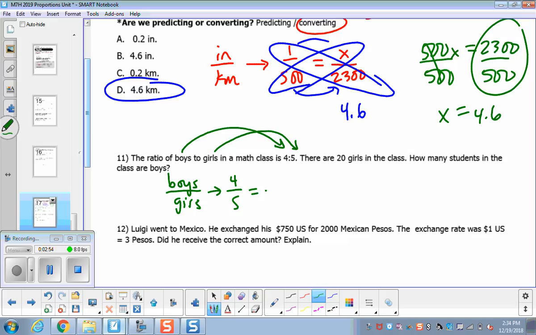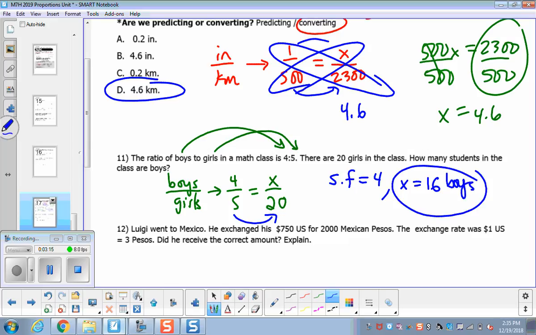Now we also know that there are 20 girls in the class. So we want to know how many boys there are. I think this one's going to be very easy to spot. The scale factor is 4. So if the scale factor is 4, we're going to have 16 boys in the class. Obviously, we can see that 16 is less than the 20 girls. There are more girls in the class.